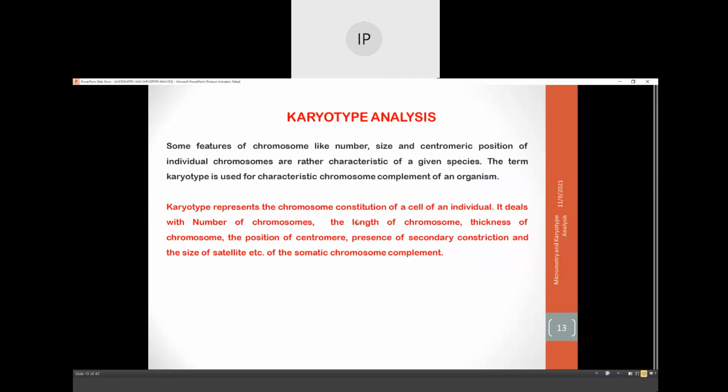Karyotype represents the chromosome distribution of a cell of an individual. It deals with the number of chromosomes, length of chromosomes, thickness of chromosome, position of centromere, presence of primary and secondary constriction, and the size of satellite, etc., of the somatic chromosome complement.